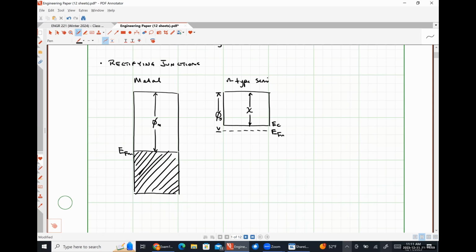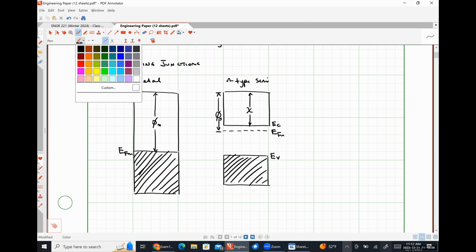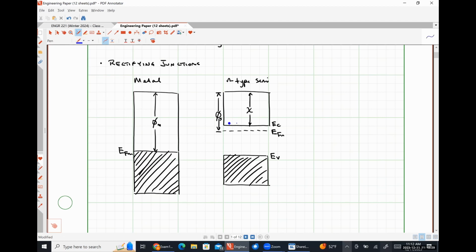This distance is our work function. Here is our valence band, and our valence band is completely filled. And then we're going to have some electrons up in the conduction band, since this is an N-type semiconductor.